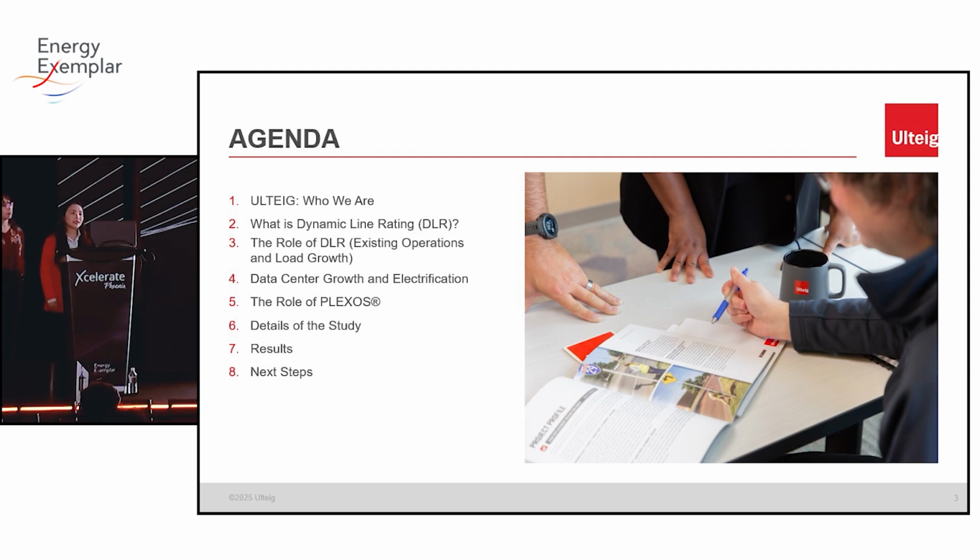Next, we will look at the role of PLEXOS and how we utilize PLEXOS in our study. After that, we will walk you through study details, then we will share the findings from the study. Last but not least, we will share what we're looking forward to next.